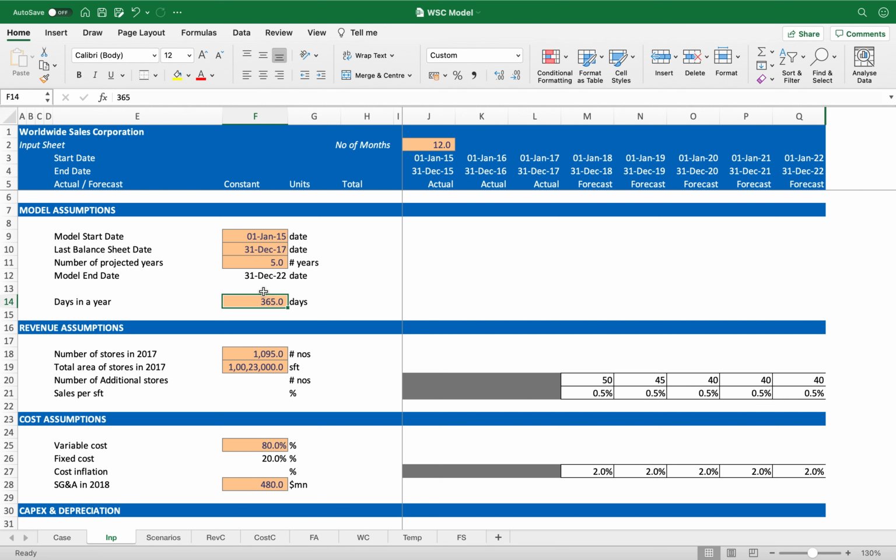In the name box, just towards the left of your formula bar, you can see the cell name. It is F14 as of now. Simply delete F14 and write down days and press enter.